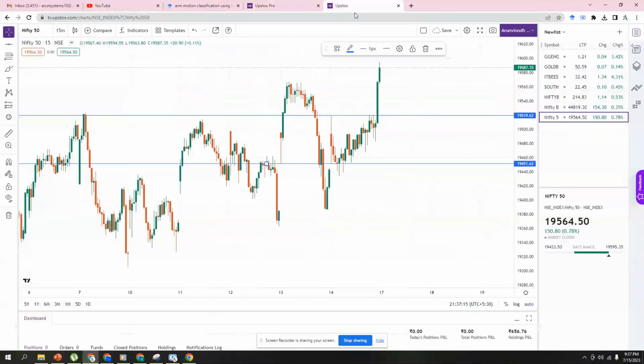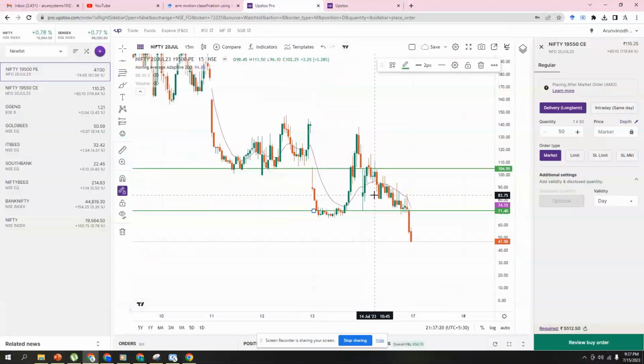At what time does it actually break? At 10 o'clock it breaks, right? So let me check this. This is actually 10 o'clock. So it breaks and it went up to what? Yes. So in such cases, 104.